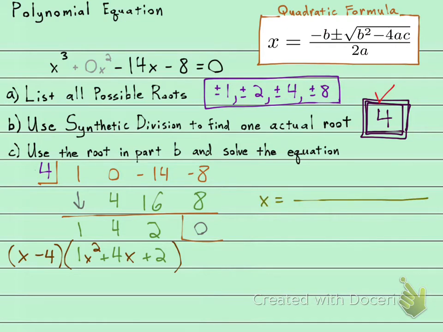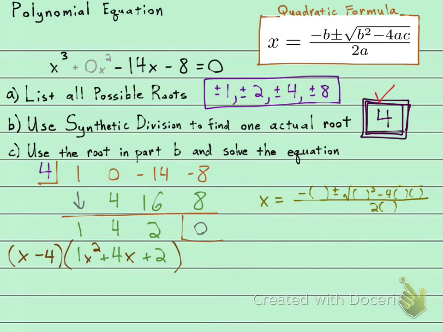All right, our solution's x equals the opposite of b plus or minus the square root of b squared minus 4ac, all over 2a. And all we have to do now is plug in the numbers.